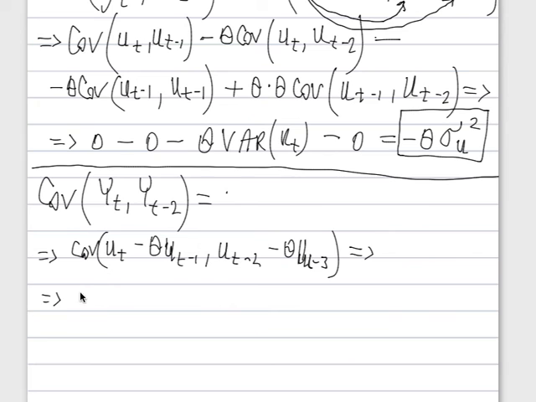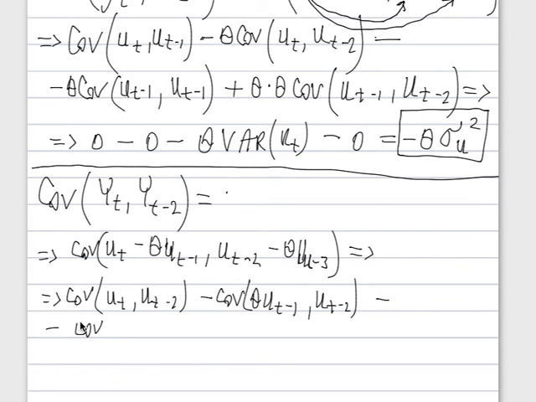And expand the bracket as usual, covariance between ut and ut minus 2 minus covariance between theta ut minus 1 and ut minus 2, then minus covariance between.